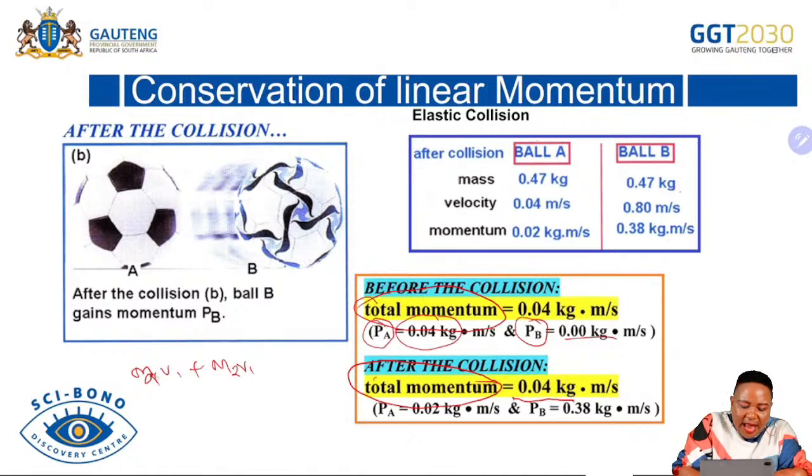The mass of pole A multiplied by the velocity of pole A, plus the mass of pole B multiplied by the velocity of pole B, is equal to the final: here we can say VI, and here the mass of pole A times VF plus the mass of pole B times VF, the final velocities.